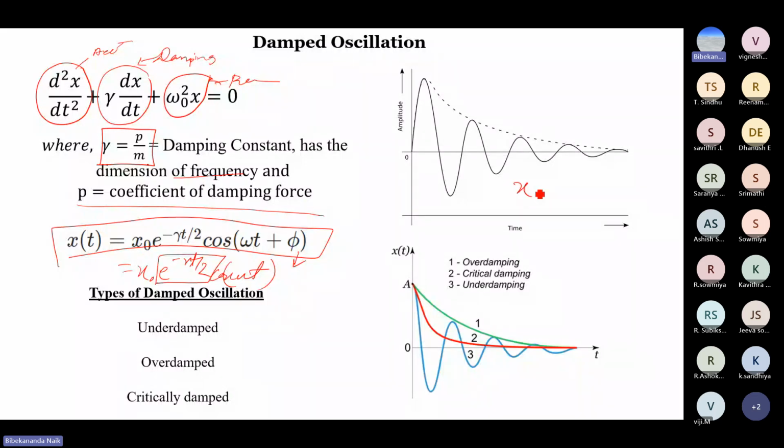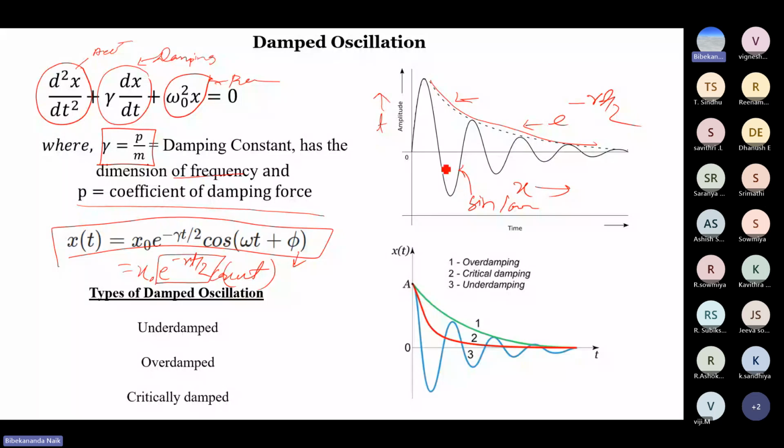So this is x and this is t. You can clearly see the graph, this is the sine graph. We can say that this curve, this envelope, is e to the power minus gamma t by 2, and this black one is of sine or cos.